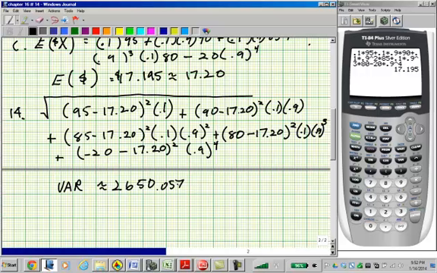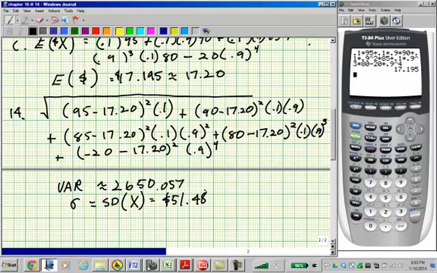Okay, and if we take the square root of that, so the standard deviation of the expected value is approximately equal to $51.48, which is pretty big.